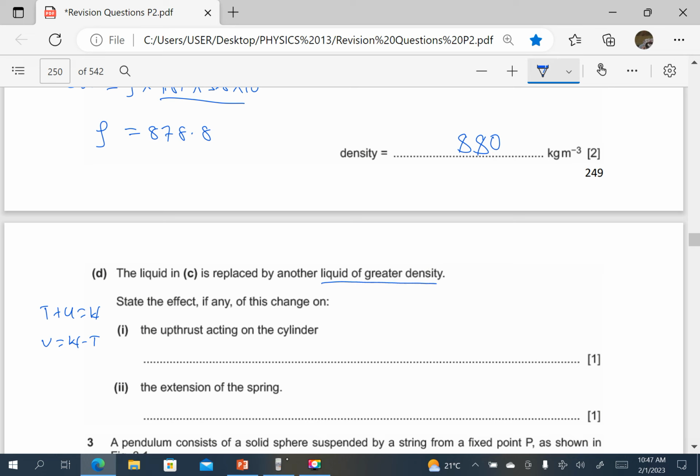A liquid of greater density automatically has a higher upthrust, because we have also seen upthrust is equal to area times change in pressure, which is also area times density times g times change in height. So when the density is higher, the upthrust is higher. So if we have replaced the liquid with that of a greater density, we expect that upthrust increases. So here it increases.